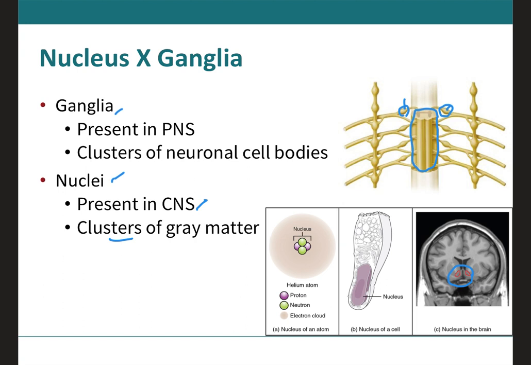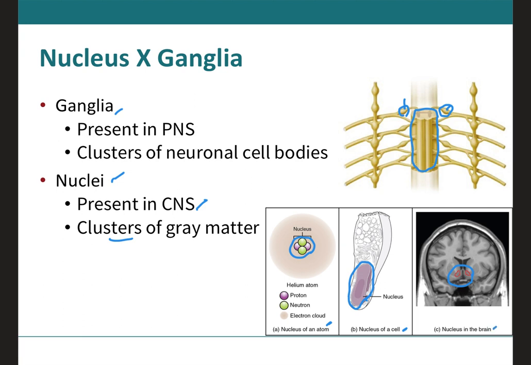The word nucleus in general can be defined as this central point. That's why on this image over here, we can have the nucleus of this atom, or when we're referring to a cell, the nucleus of the cell will be the central point of the cell where most of the processes occur.